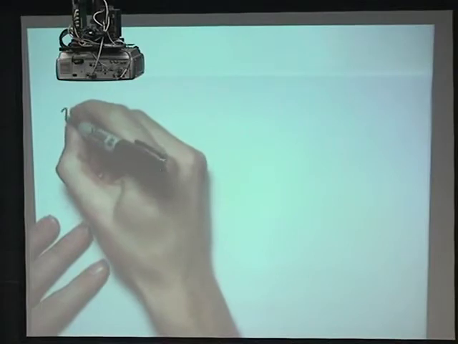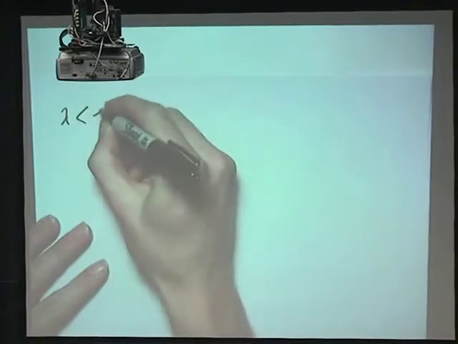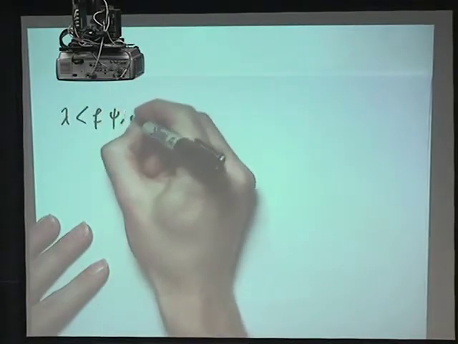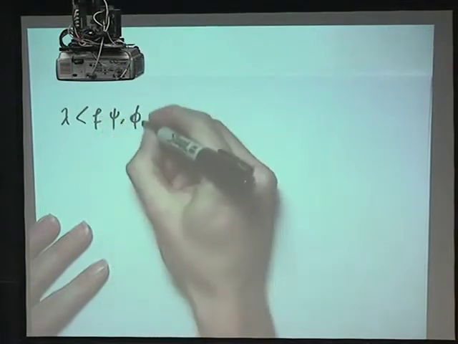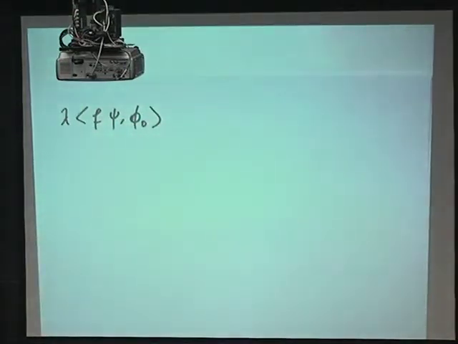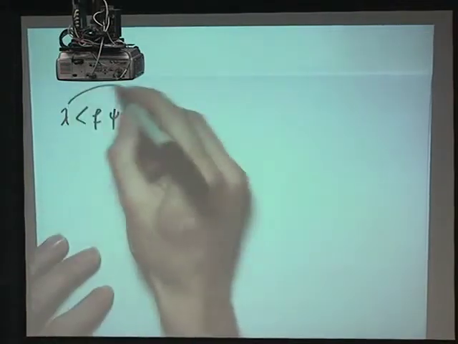Right, now, how do we start? We start writing down the inner product of f with this psi, multiplied with this psi, inner product with phi 0. We know this is sort of the mixed term, which is related to the integral of f. That's an interesting expression, but we multiply that with lambda. Lambda is a real number, so we can move this lambda in here.